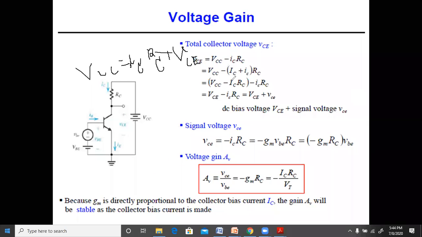So you can separate it out and merge it with this. That is ICRC, and the small ic into RC is written over here. This value is totally DC, and that is VCC minus ICRC.